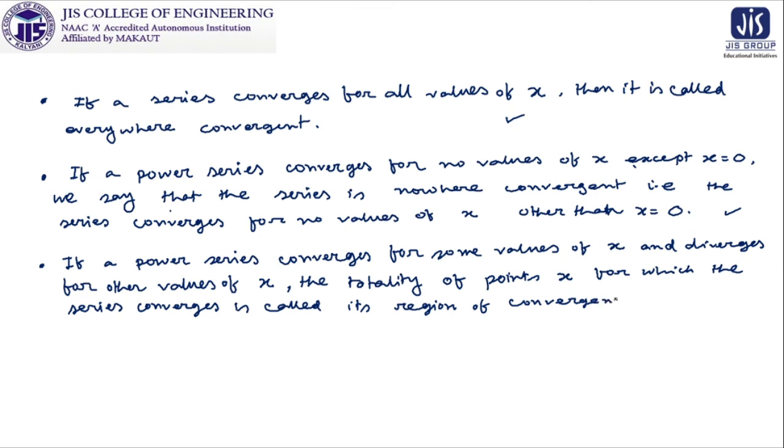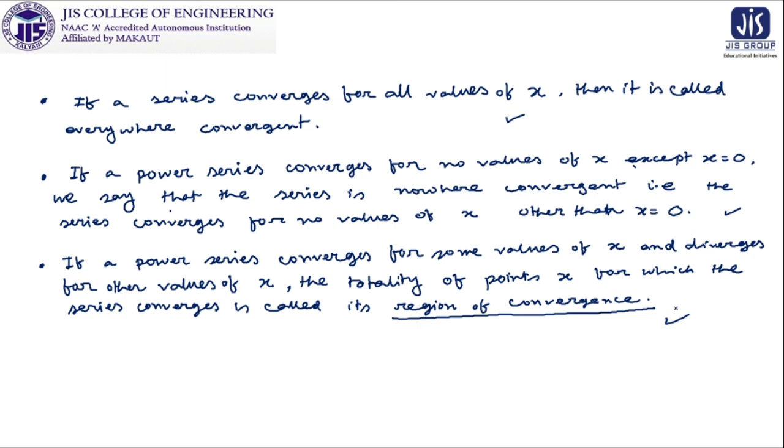We have already understood what radius of convergence is. Now it is the region of convergence. So these are three important observations that we have made from the last three examples of radius of convergence for a given power series.